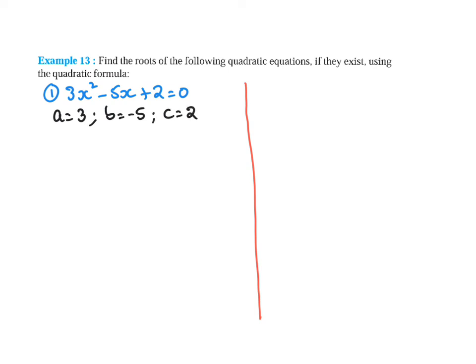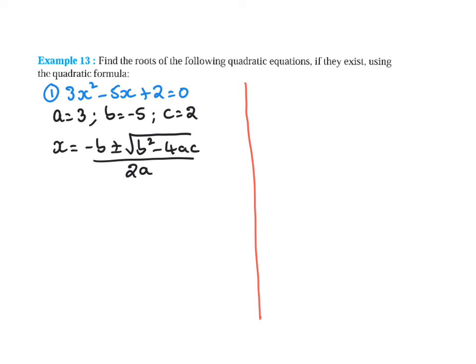What is the quadratic formula? x equal to minus b plus or minus the square root of b squared minus 4ac over 2a. This is our quadratic formula. Let's first determine how many roots this quadratic equation has. How do we do that?